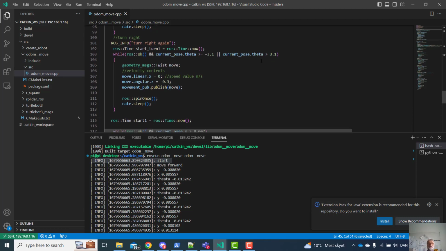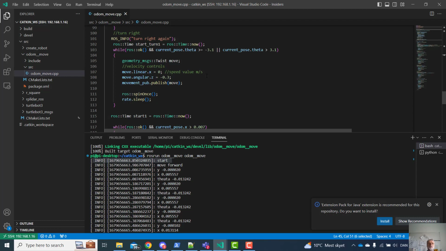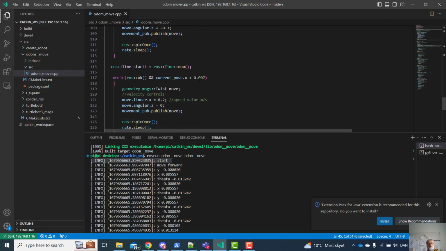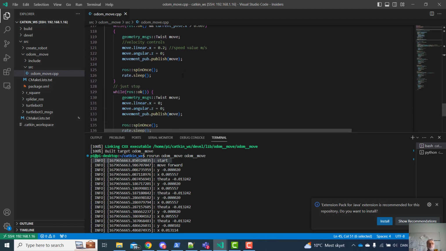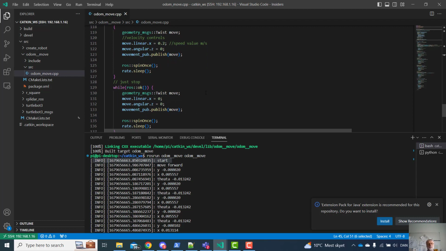So it's another 90 degrees clockwise, and then we can move forward until we get back. We are now running back on the x coordinate, and I have not the y coordinate.